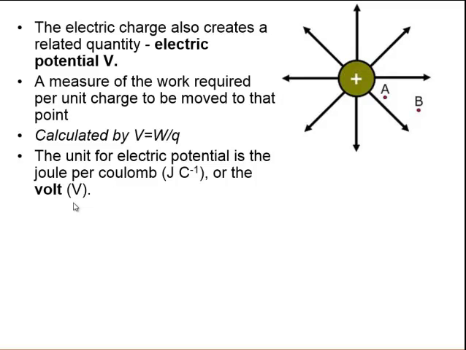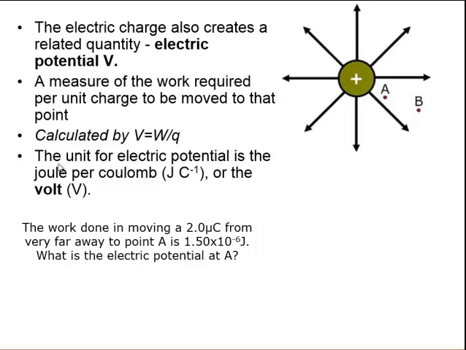And the unit for electric potential is joules per coulomb, which is obviously the volt, which is something we've mentioned before in previous videos when talking about electric potential difference in topic 5, as it turns out. So there's some repetition here which is kind of useful.